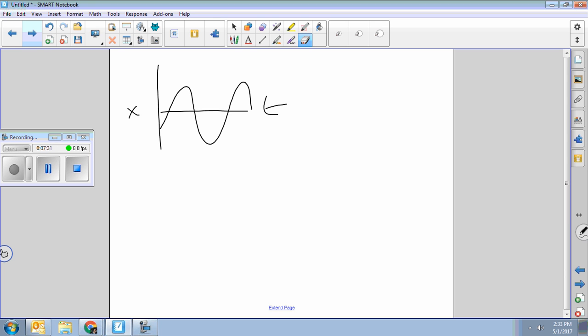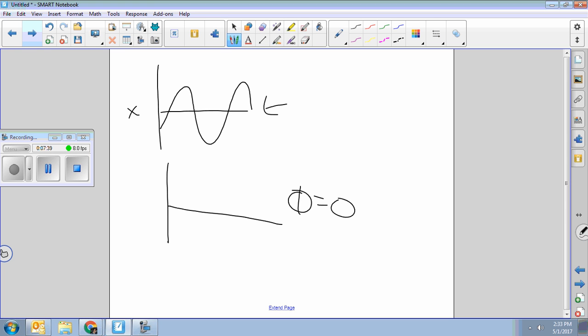so this has been shifted. A regular cosine, if phi was 0, would look like this, right? So it looks to me like this is being shifted to the right by a distance of what? More than pi over 2, right?